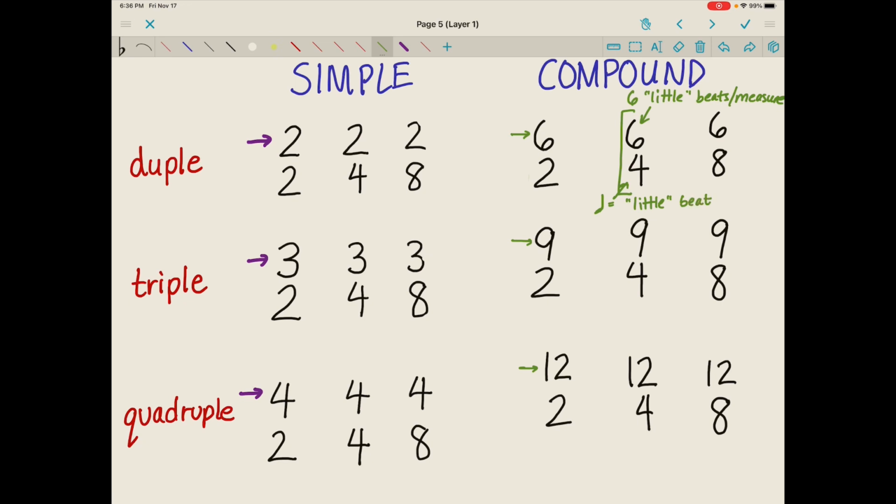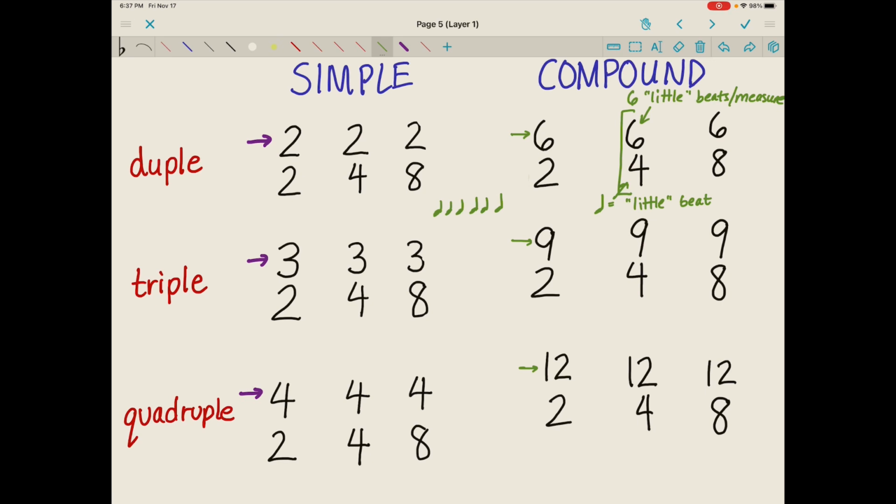From there, we can figure out what our dotted note value or big beat or pulse note will be. So we have 6 quarter note beats per measure, and we know that in compound meter, the big or dotted note value pulse will naturally divide into 3 equal parts.